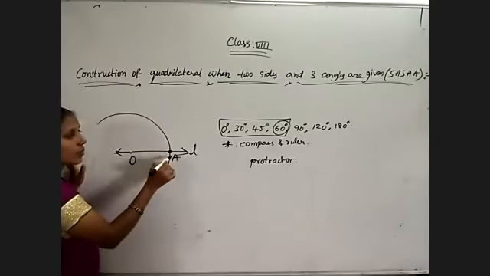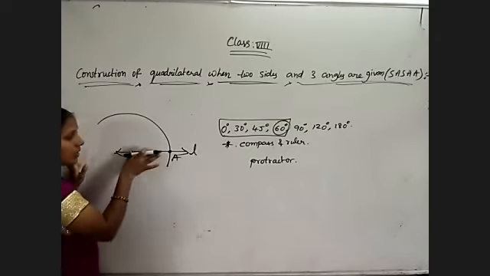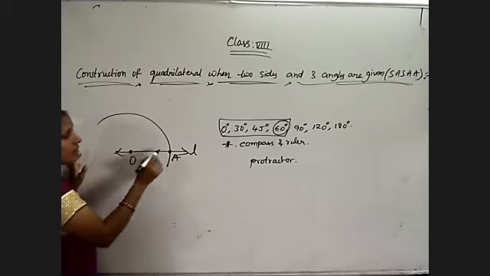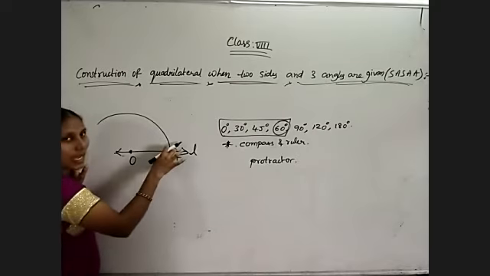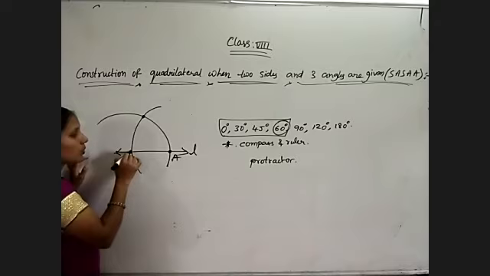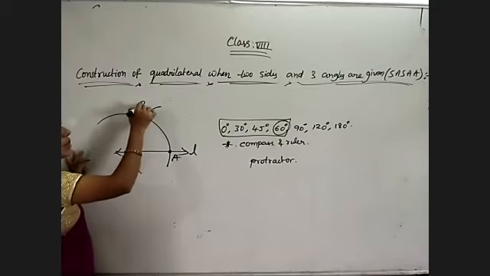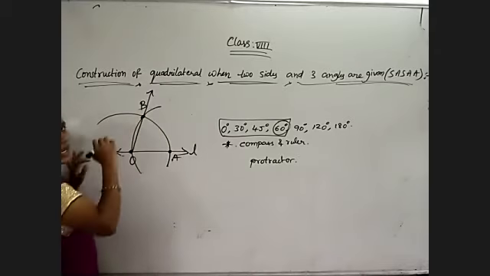I am locating that point as A. Now take the same radius. With OA radius only we have drawn the arc. With the same radius, O as center is finished, so the remaining letter is A only. Keep it at A. Draw another bigger arc which is passing through O. Wherever they are meeting, locate that point as B. Now join OB by using this scale.